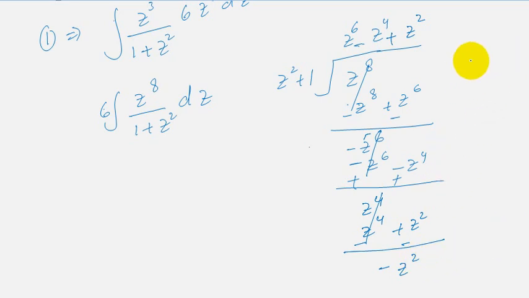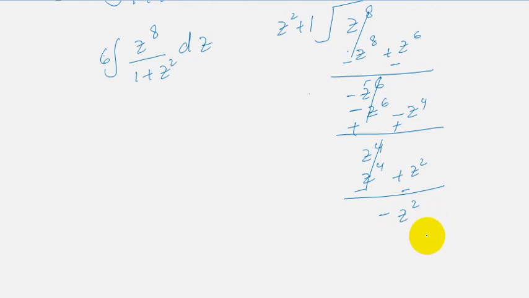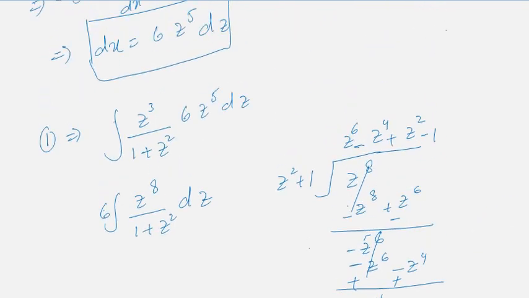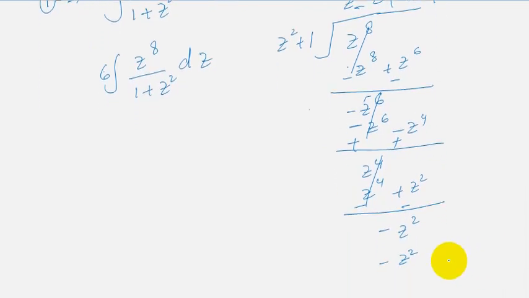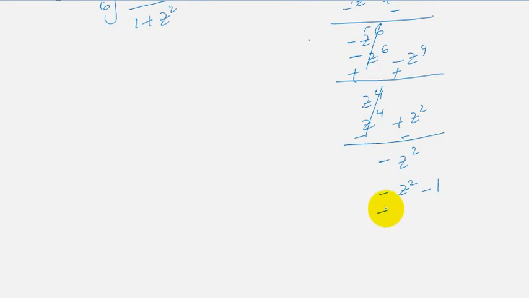We put negative sign here, and now we multiply it with 1, so we get minus z^2 minus 1. Again we change sign, this cancels out here, and we are left with 1.